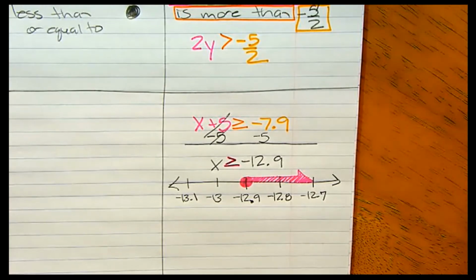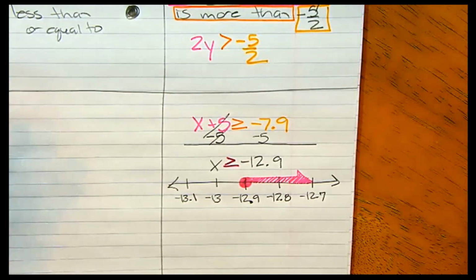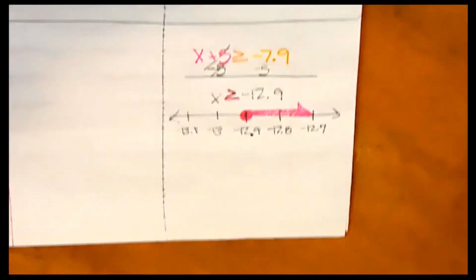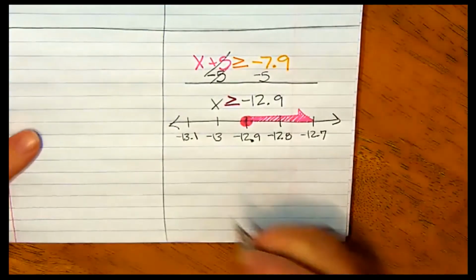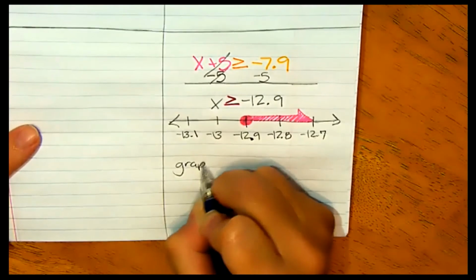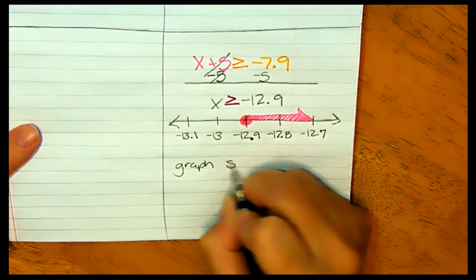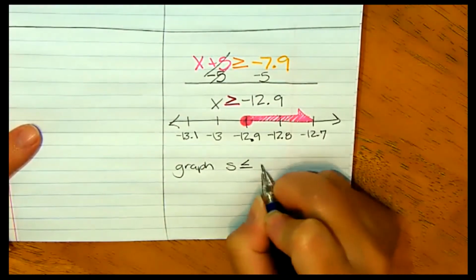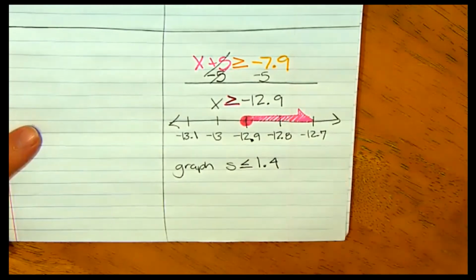So let's graph another one. We don't necessarily have to solve it, but let's graph one. So we want to graph S is less than or equal to 1 4/10.